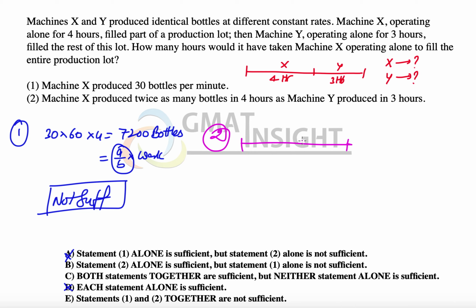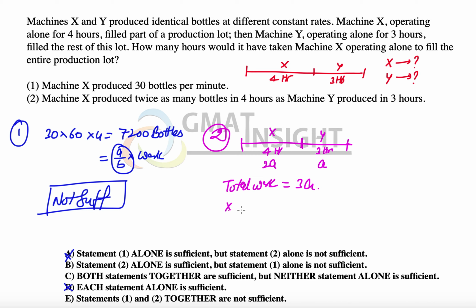You see that we have divided the total work in two parts, 4 hours work of X and 3 hours work of Y. Now we know that if Y produced A bottles in 3 hours, then X produced 2A bottles in 4 hours. That means the total work will be equal to 3A.